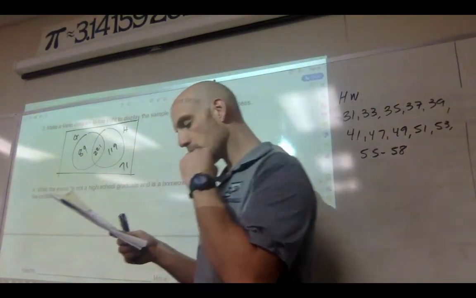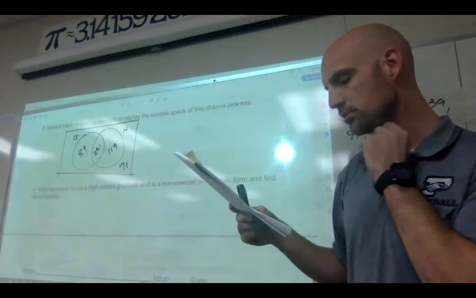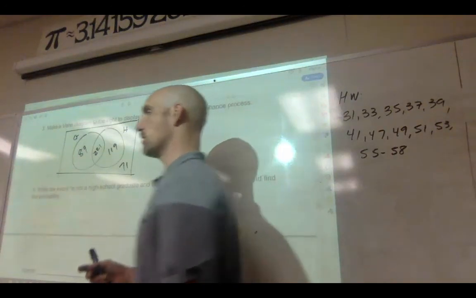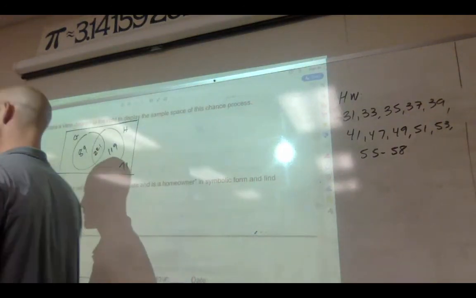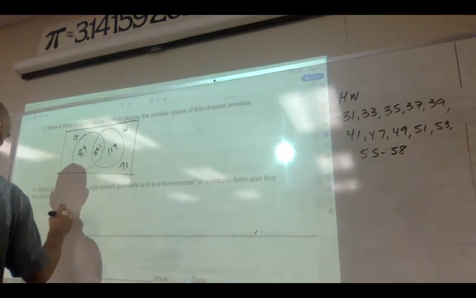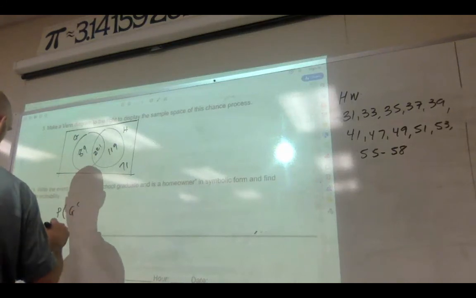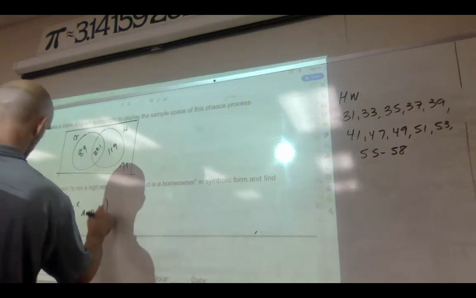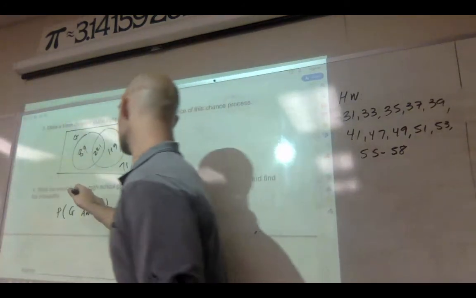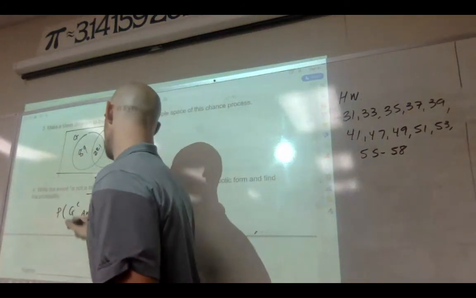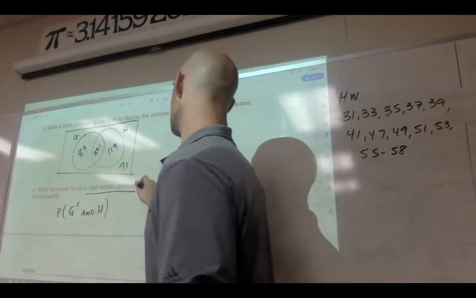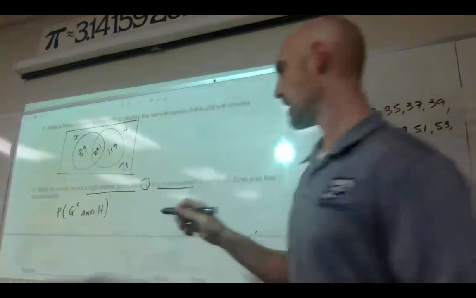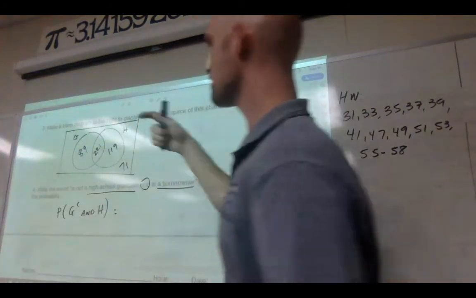Yeah, okay. So write the event is not a high school graduate and is a homeowner using symbolic notation. What did you put? I put the G to the C and H. That is correct. So not a high school graduate is G superscript C, and is a homeowner is H. Look at your Venn diagram.